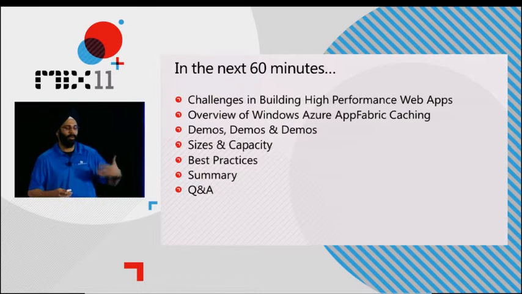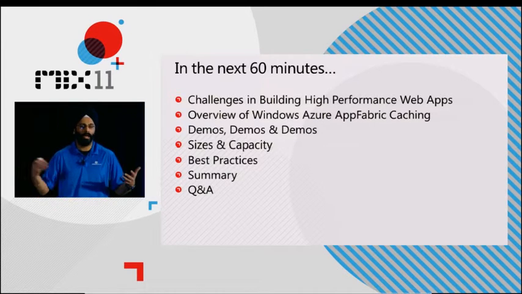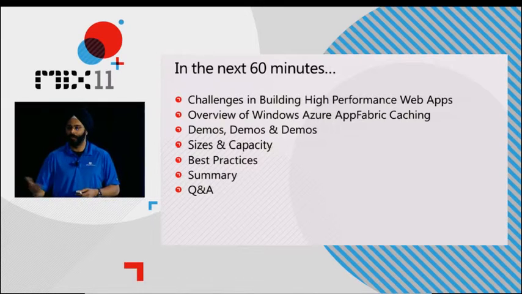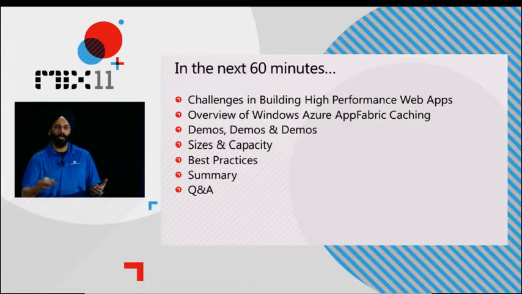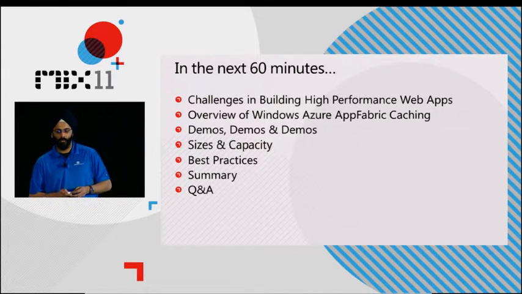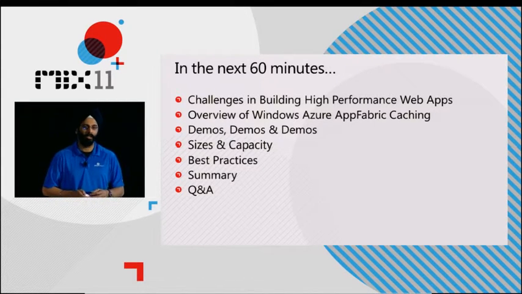During that process, we collated a lot of the best practices we've seen from a lot of live site deployments in Azure using AppFabric caching. We want to share some of those with you so you can avoid some common pitfalls and get the maximum benefit out. So that's what the next 55, 57 odd minutes look like.